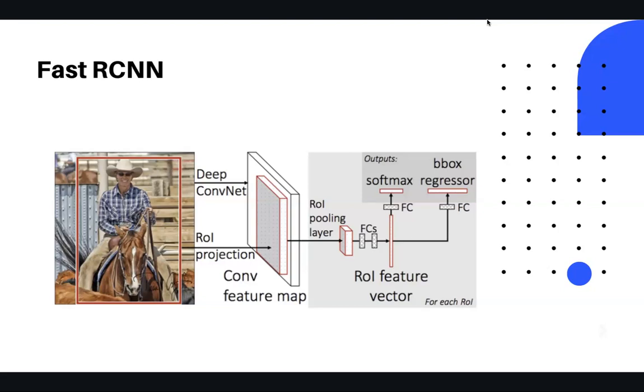That means the resizing operation has shifted from the image space to the convolutional feature map space, and we now call it ROI pooling instead of resize. But the actual calculation is exactly the same.